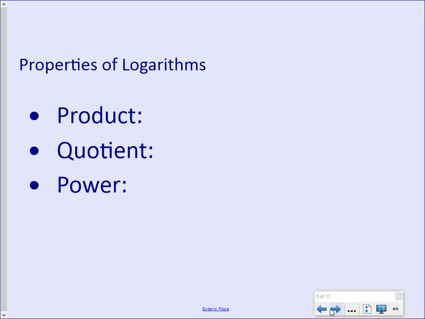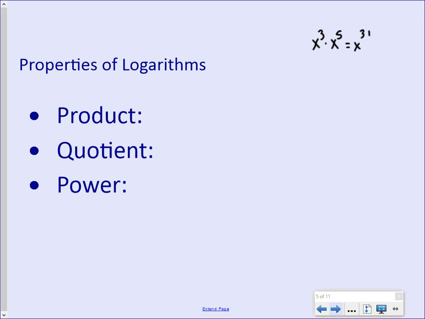Remember that logarithms, we said yesterday, were really just exponents. So if logs are exponents, what we're describing here are also basically the properties of exponents. And when we refer to properties of exponents, do you remember in Algebra 1, you had rules for what you do with your exponents if you have x to the third times x to the fifth? You add your exponents.